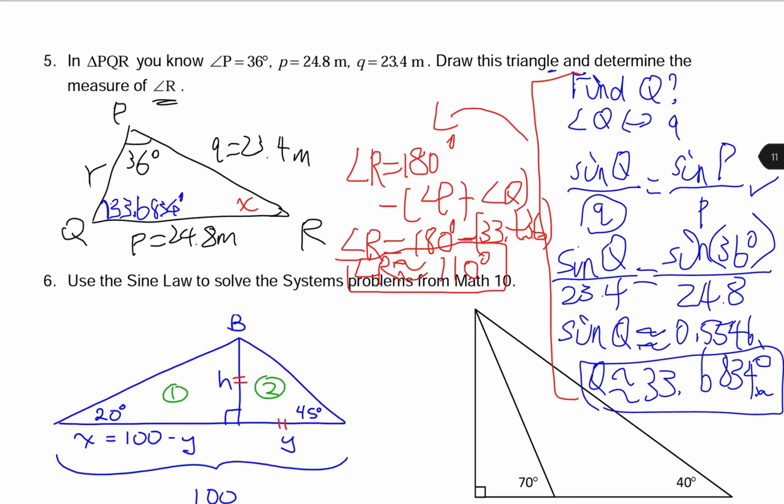This is only one example where you have to be adaptive. Sometimes you have to use the sine law to find the missing side, and then using that missing side, apply cosine law to find your answers. Sometimes you do the other way around. You need to use cosine law first, find the missing angle, and then use that missing angle and its opposite side to find the rest of the triangle. You have to be adaptive.